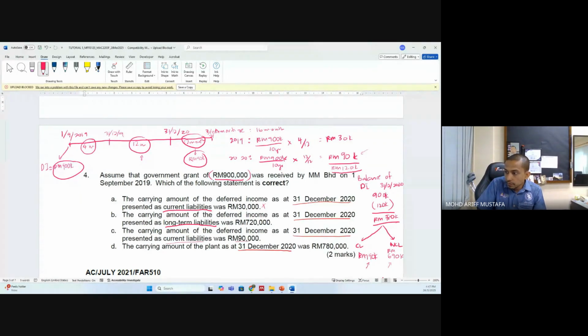This is correct. The carrying amount of the plant is 780,000?